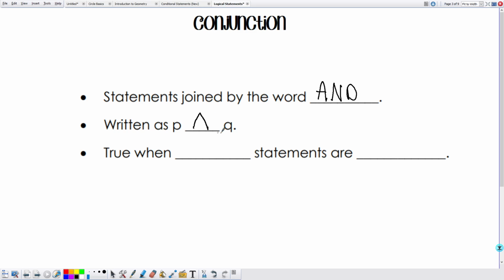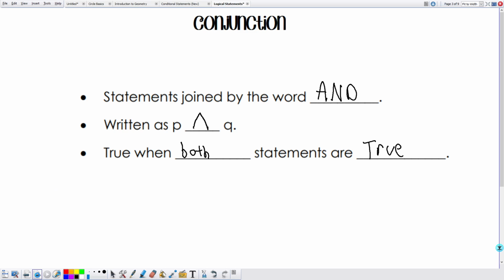So if you ever see this, it means P and Q. And conjunctions are true when both of the statements P and Q are true. We'll see precisely what that is in the next video. I just want this one to go over the basic definitions. I'll show you examples in the next one. So again, a conjunction is true when both the component statements P and Q are true.